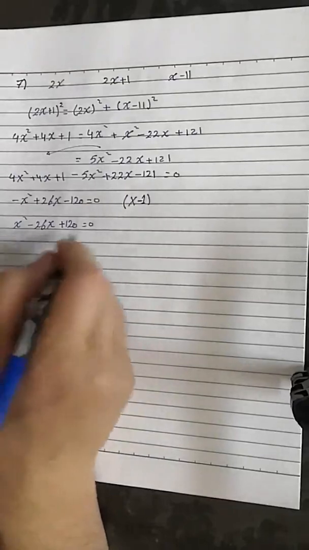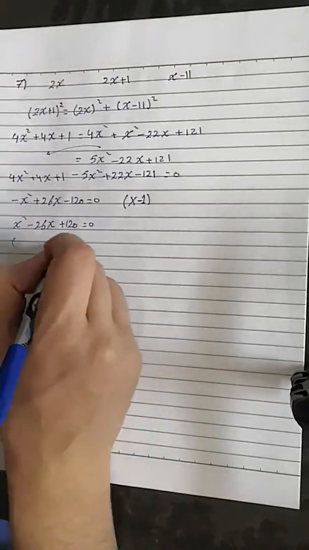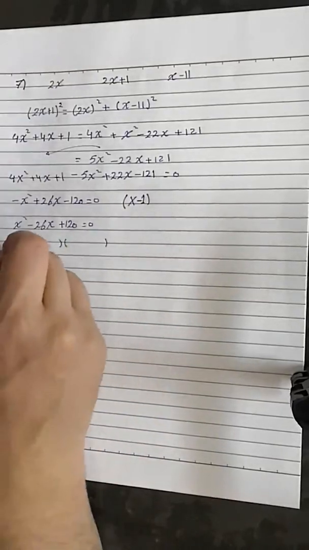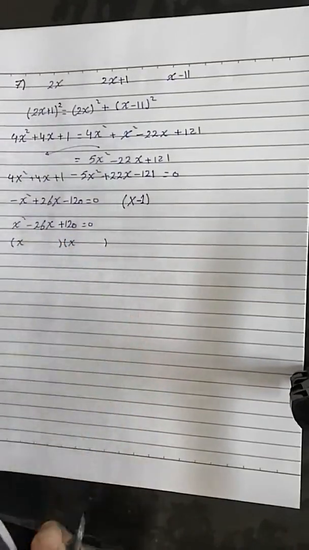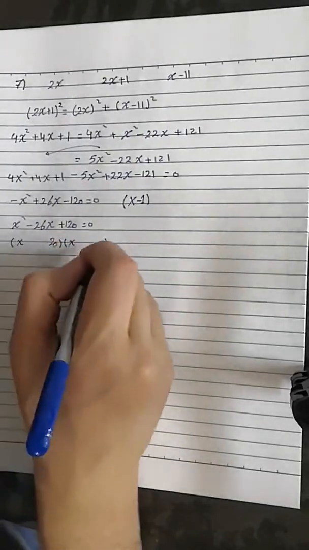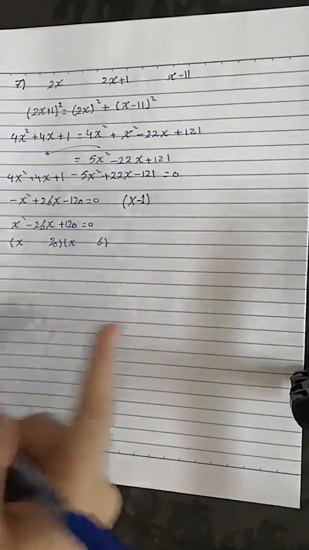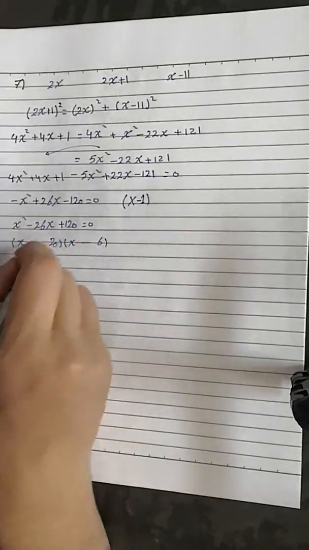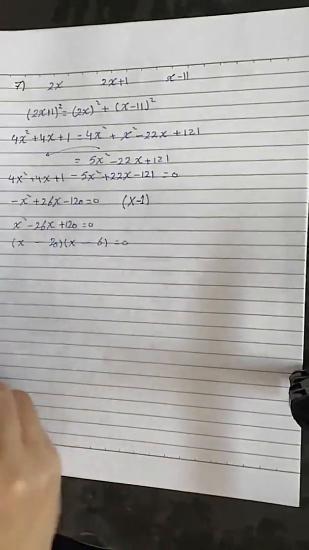Now if I want to factorize it, open two brackets, x and x. 120 equals 20 times 6, their sum is 26, the signs here are negative, equal 0.